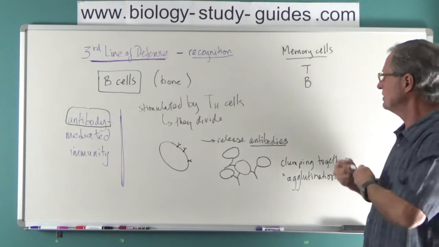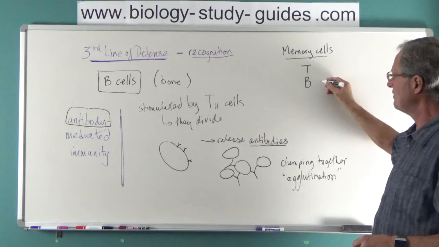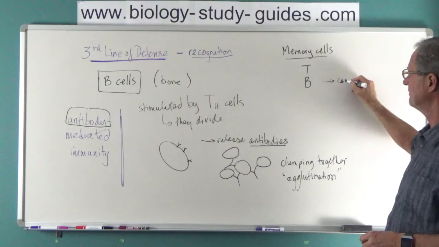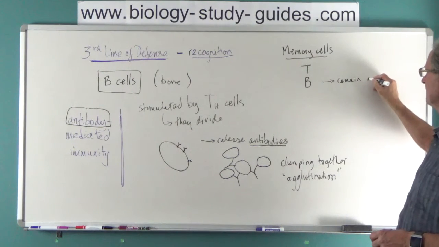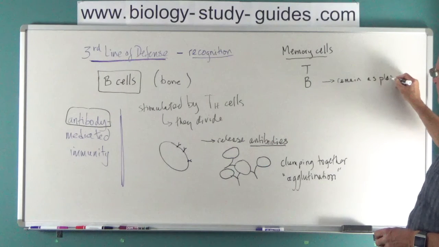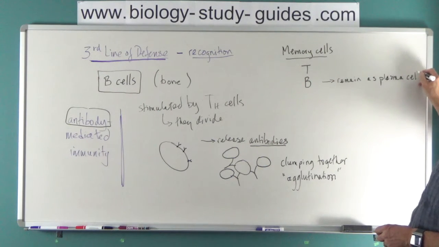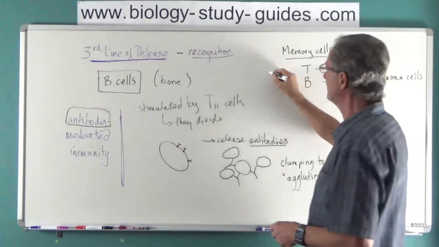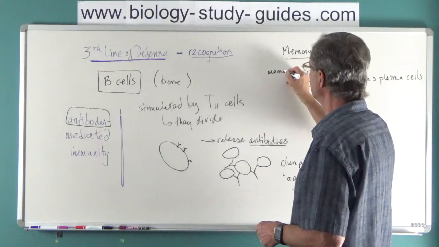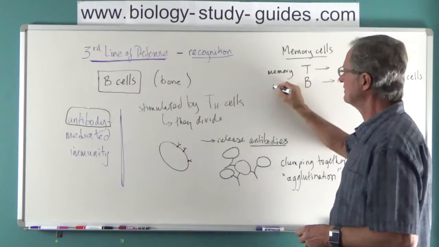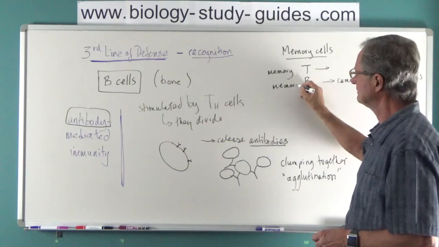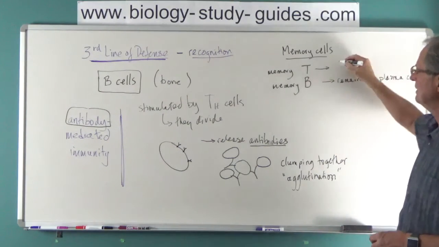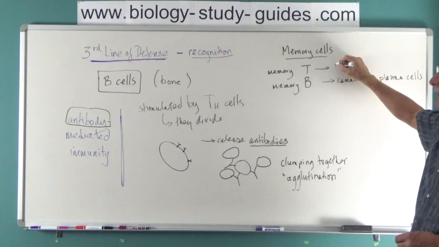The leftover B cells remain in the plasma. The leftover T cells, the memory T cells, I should put memory here, memory T cells and memory B cells, these actually go into the lymph nodes.